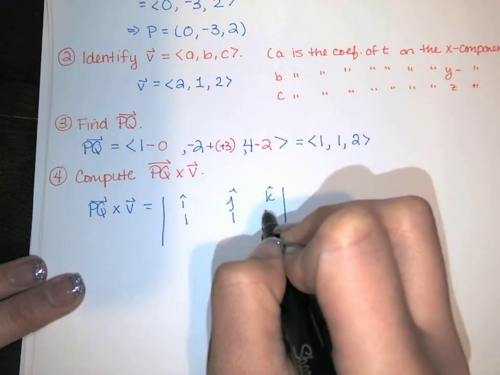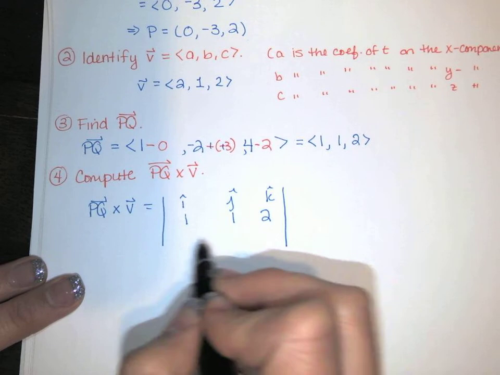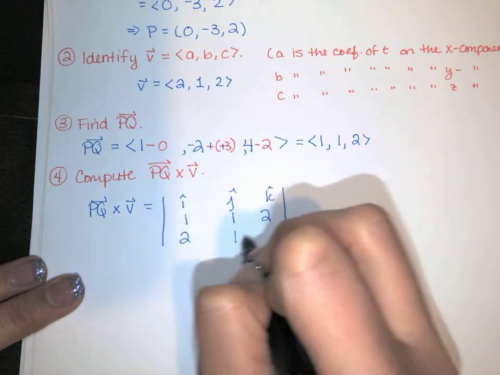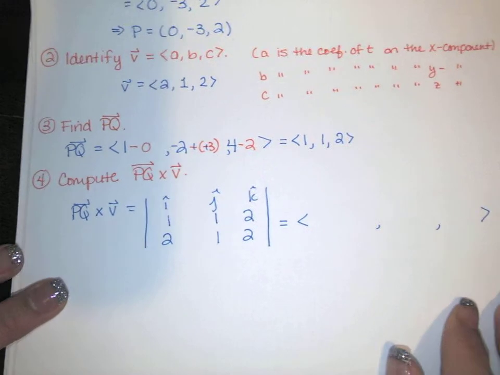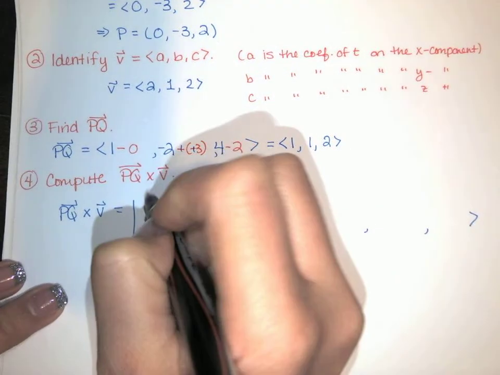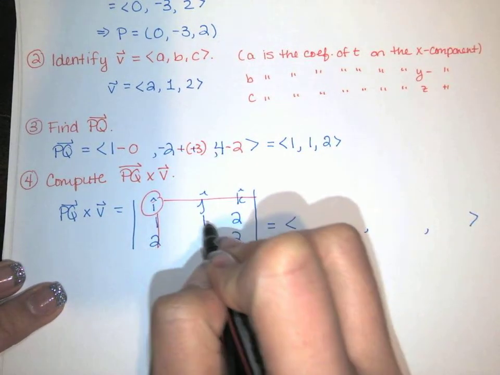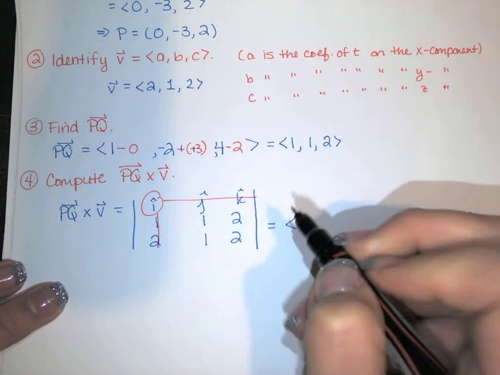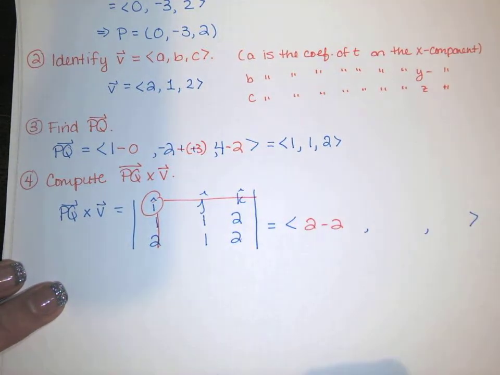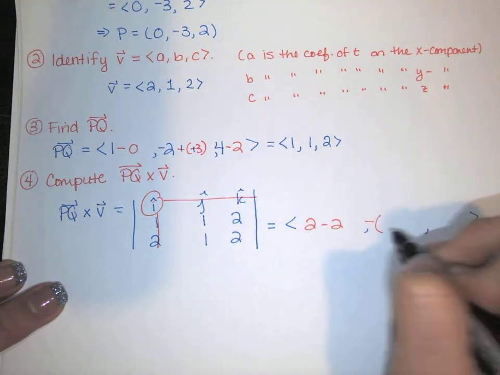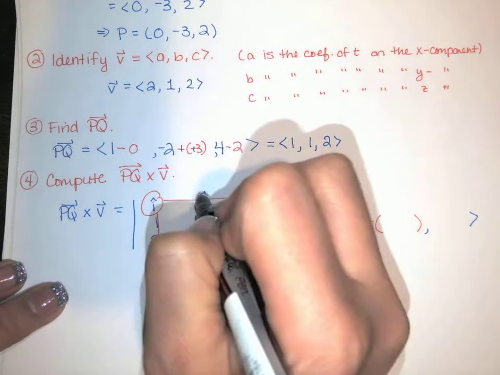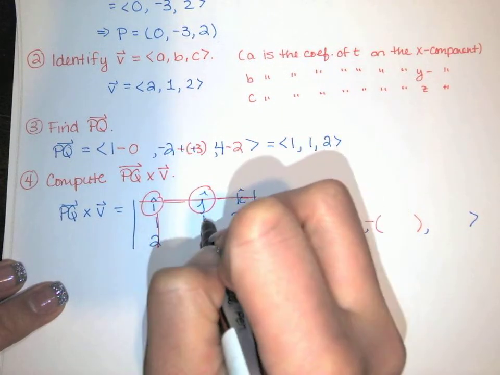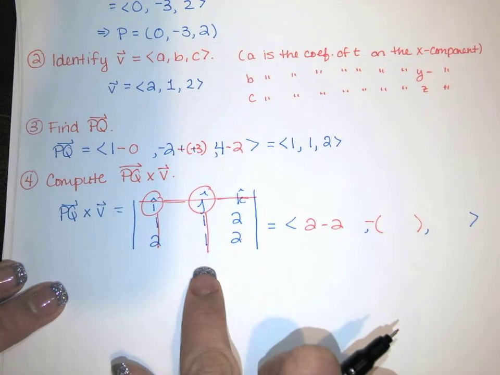PQ's components go here, and the components of V go here. Okay. Cross out the row and column containing i hat. Multiply across, and subtract. So we get 2 minus 2, so 0. Then you have a negative. It's always negative for that second component. Sign alternates. Cross out the row and column containing j hat.